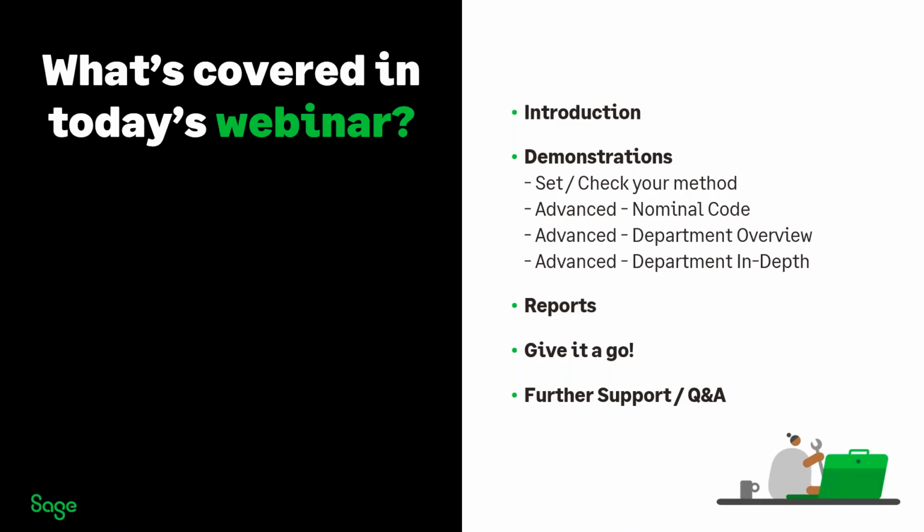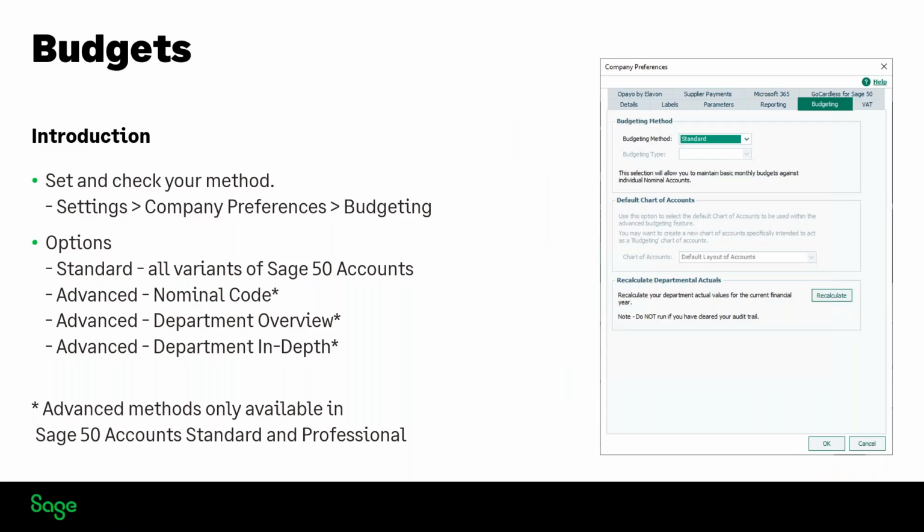Right, so let's get started with a bit of an introduction to part 2. Within your software, you've got the budgeting area, which is held within your company preferences area. To access that, you would just go settings, company preferences, and you've got your budgeting tab. The tabs that you have may look a little bit different, depending on the level of the software you're on.